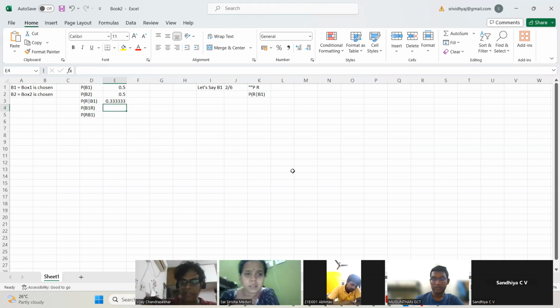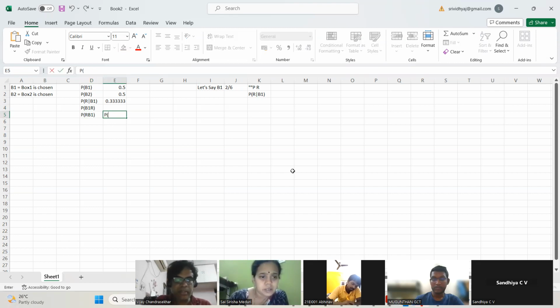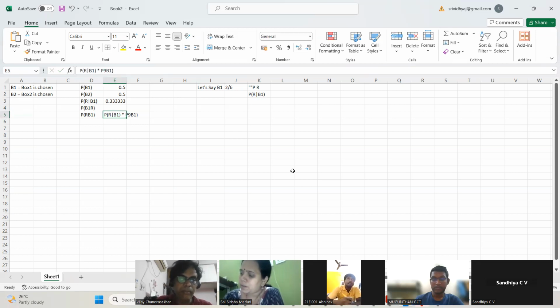Now, how can we expand this? RB1, use conditional probability and expand this. P of R given B1 into P of B1. So Sirisha says this is P of R given B1 multiplied by probability of B1.